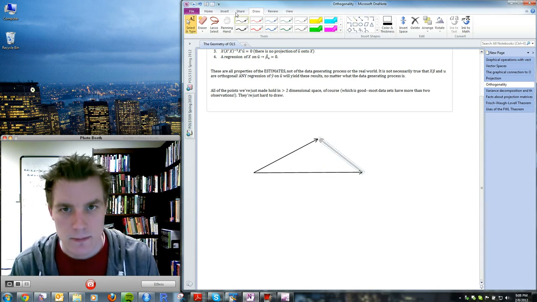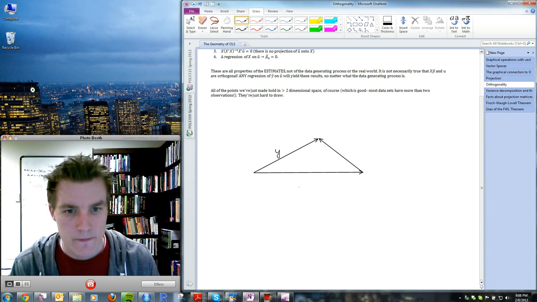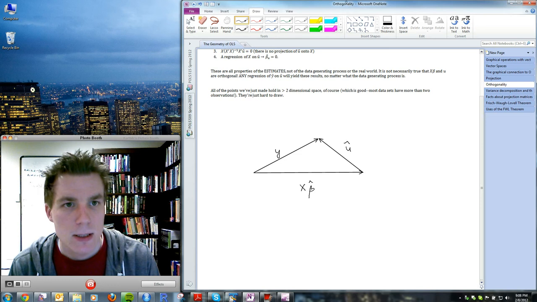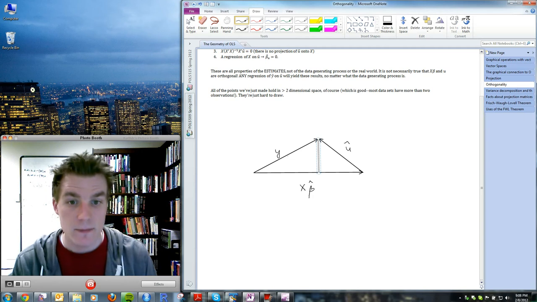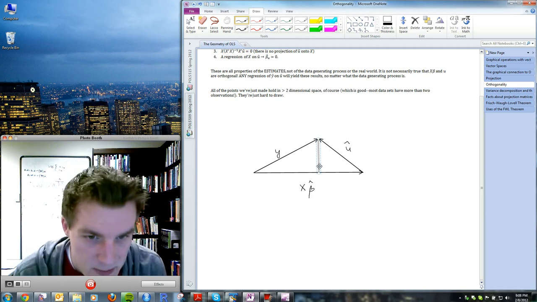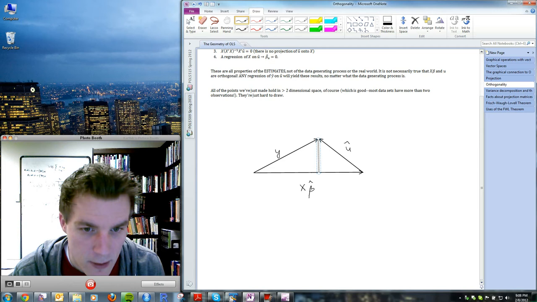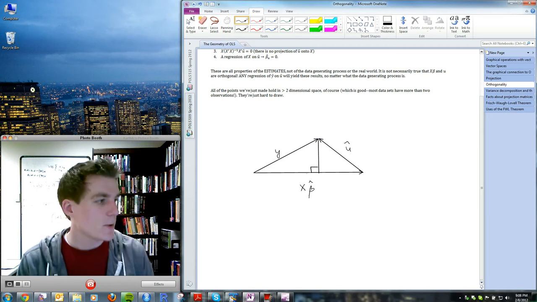So this is y, x beta hat, and u hat. And this line here is a perpendicular from the intersection of y and u hat to x beta, and that perpendicular forms a 90-degree angle, like so.